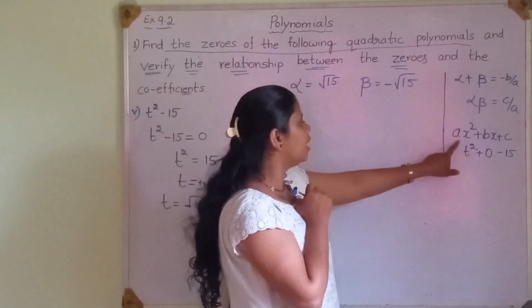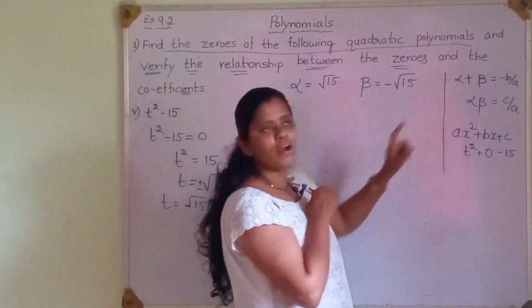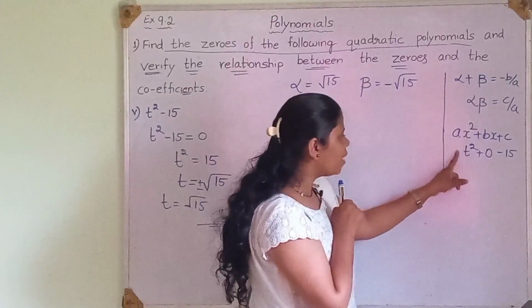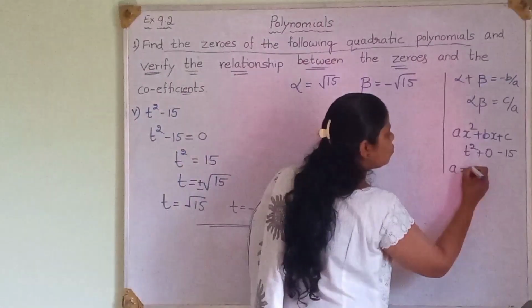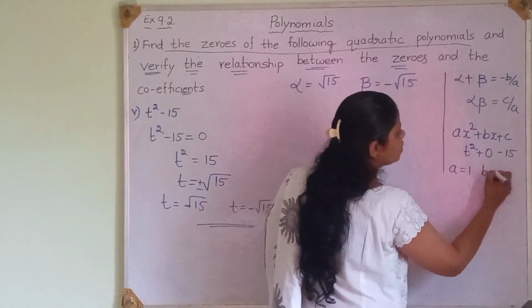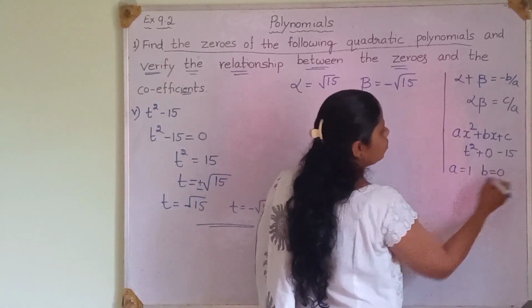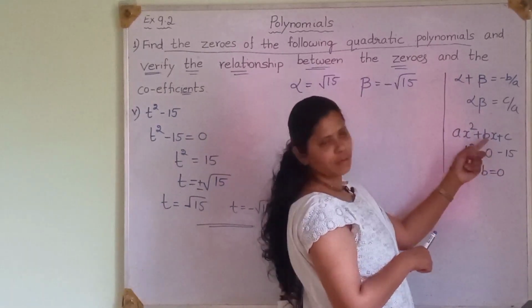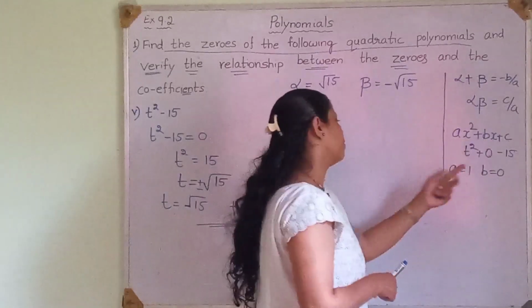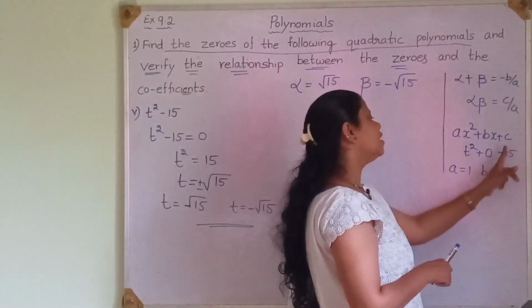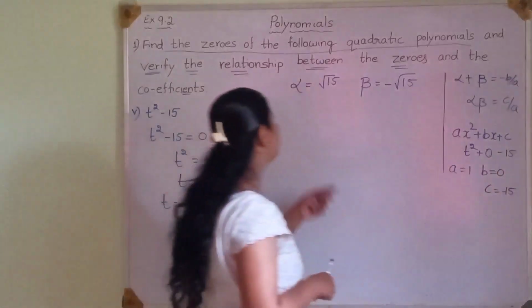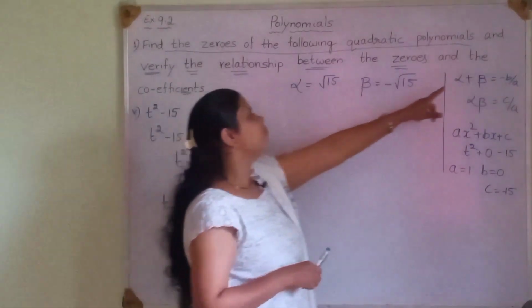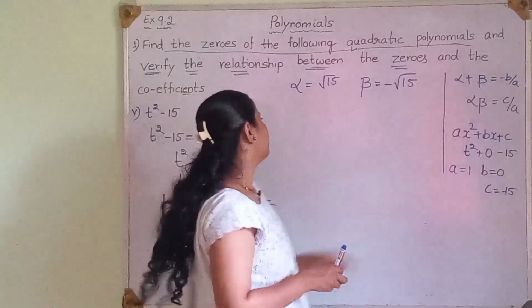A is the coefficient of x square. Here 1 is the coefficient of t square, therefore a is equal to 1. B is equal to 0, because the x term is not there. Then c is minus 15. Now let us verify this equation.